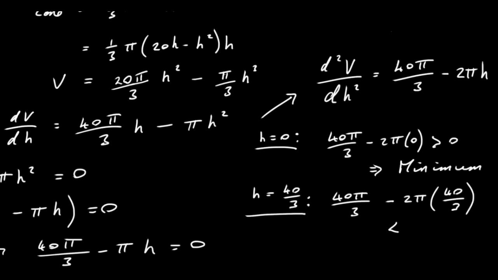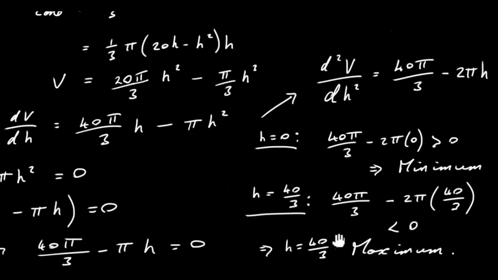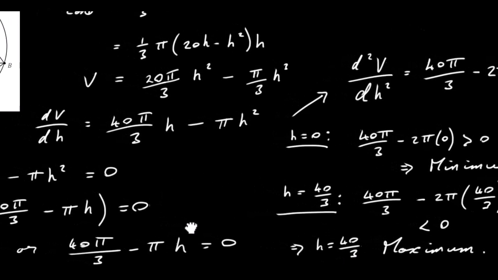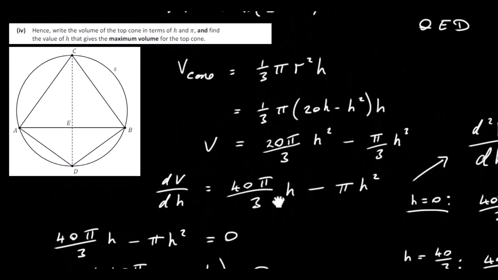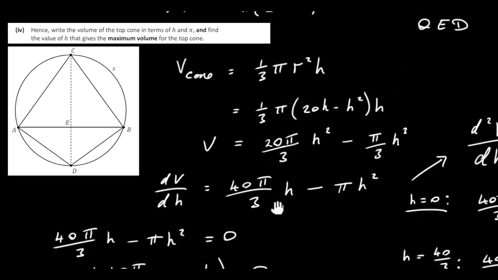This is less than 0, so that means h equals 40 over 3 is a maximum. This will give you the maximum volume. I'm not sure if you're required to do that, but that just shows you that it does give a maximum.